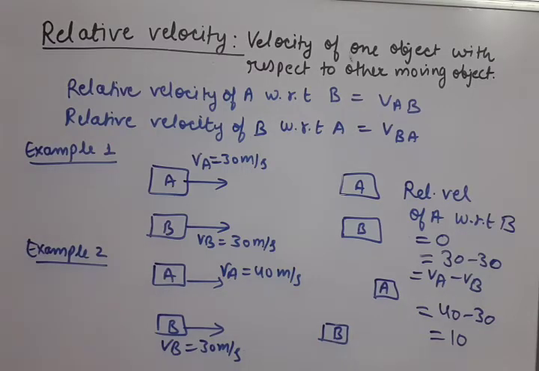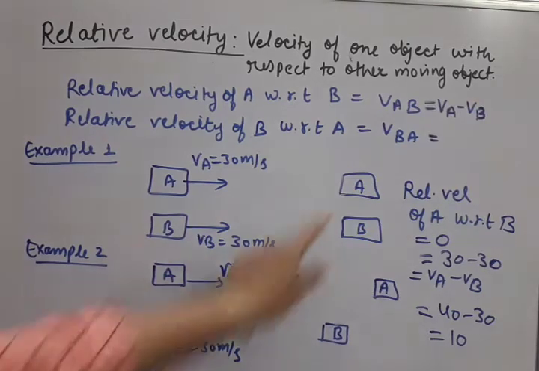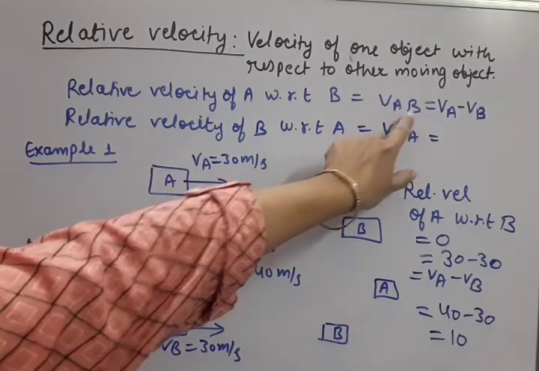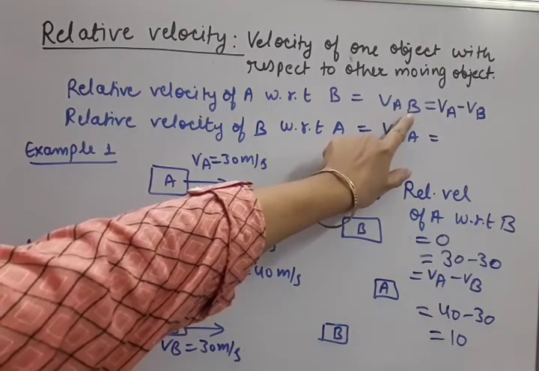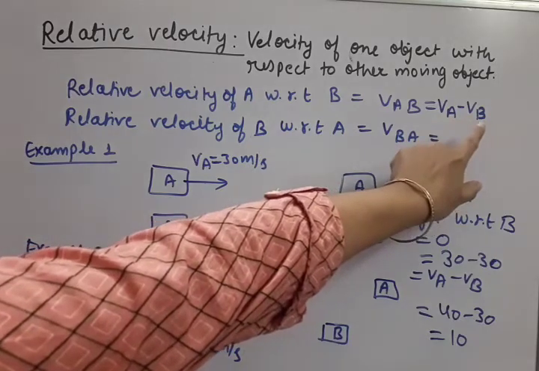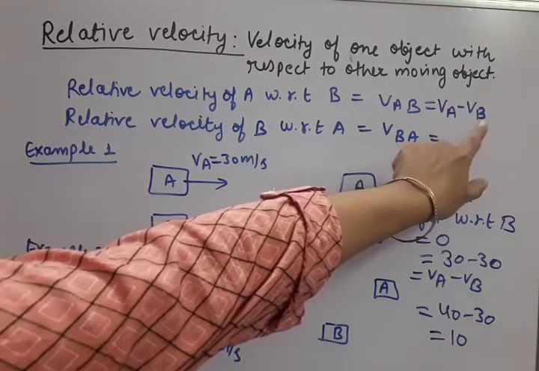So the general formula for relative velocity of A with respect to B is, I am adding it here. If we want VAB, the relative speed of A with respect to B, the formula is VA minus VB. Subtraction we will do.